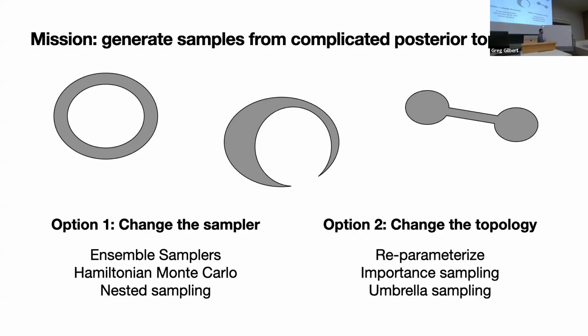All right, so when I say posterior topologies, what I mean is basically just think about the corner plots in your head, right? So a simple Gaussian corner plot is a simple posterior topology. I'm using the word topology a lot to have different language from what we might use for other parts of the problem.